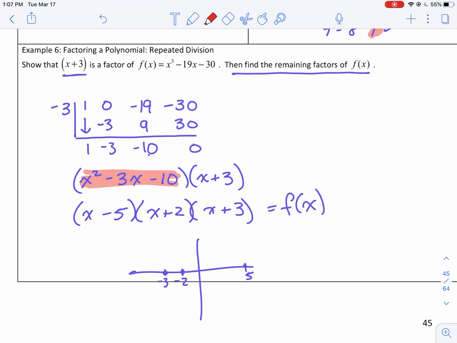And then if I look at my function, I know that the leading coefficient is positive and that the degree is odd, which means my end behavior is as follows. So it's going to look something like this. Certainly not a perfect sketch, but that can give you a picture of why being able to factor using synthetic or long division is a useful skill.